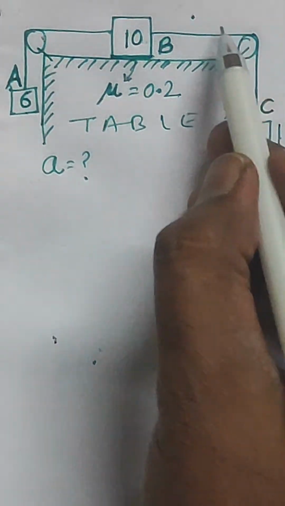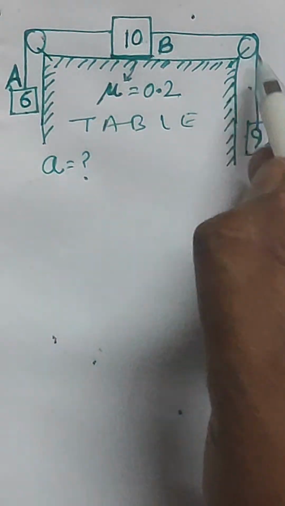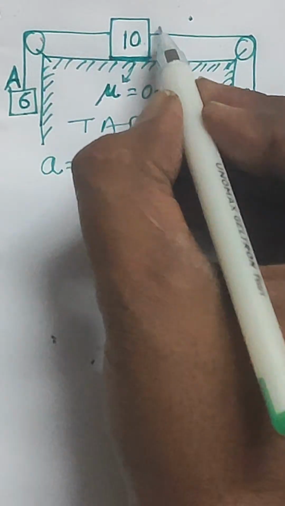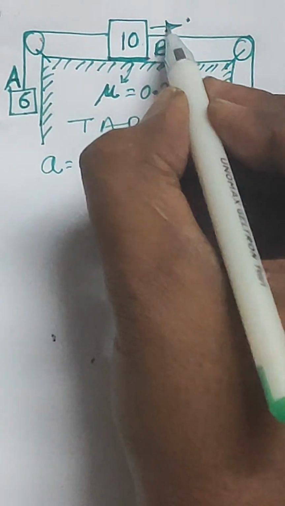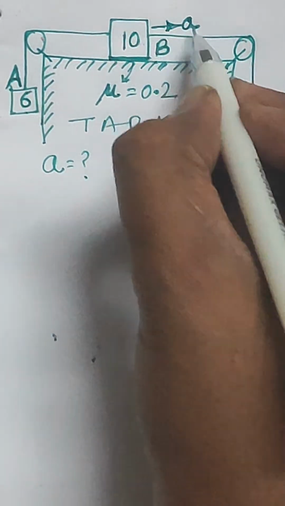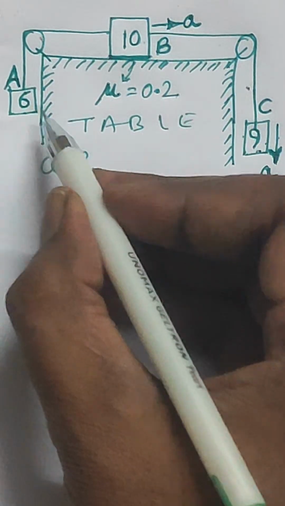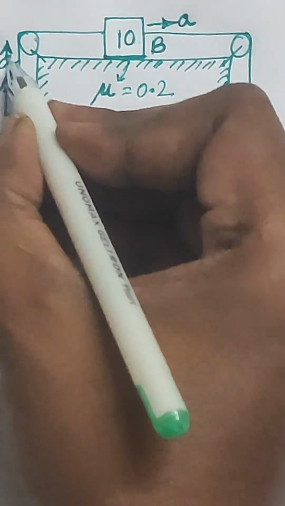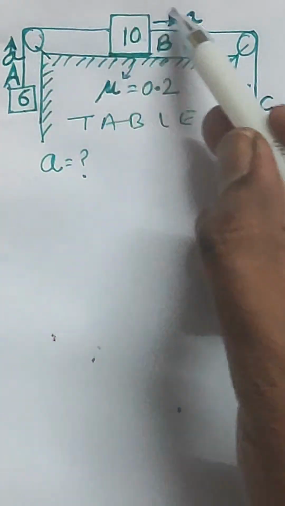The same acceleration passes through the string. Since the 9 kg mass is going downward, the 10 kg mass will move towards the right, and the 6 kg mass will move upward with the same acceleration a.